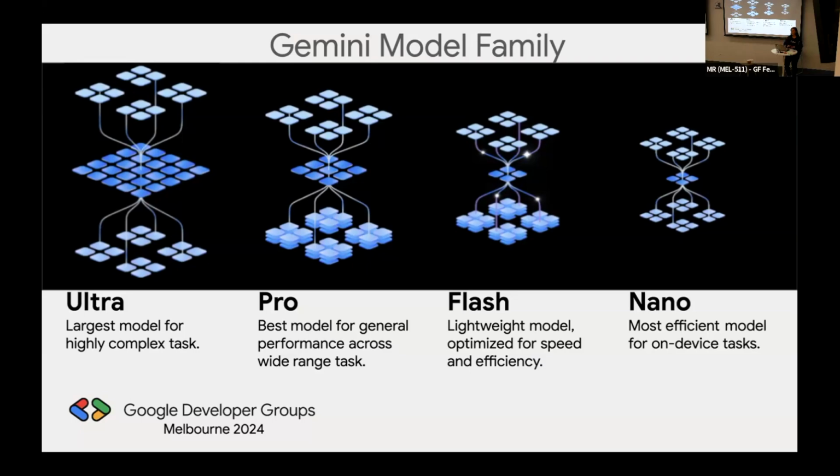So if you are trying the Gemini model, you are looking at the Pro version. If you have tried the Flash, you will be surprised it's already able to do what you are wanting for, and it's so much cheaper, I think 4 or 5 times cheaper than the Pro version. So it's something that you want to try. The Nano is not getting so much attention, but it's actually the smallest model, used for on-device machine learning.